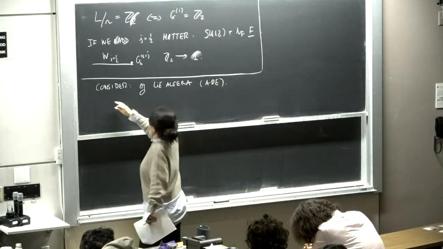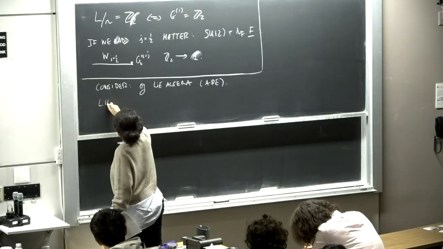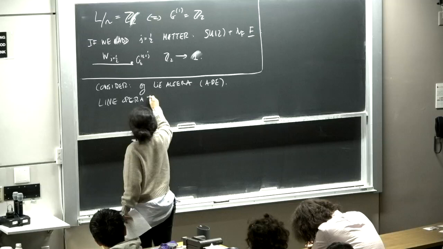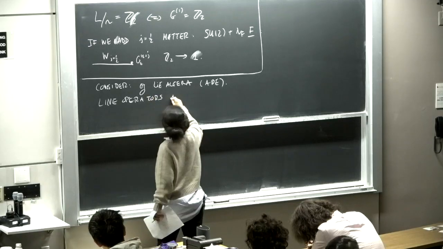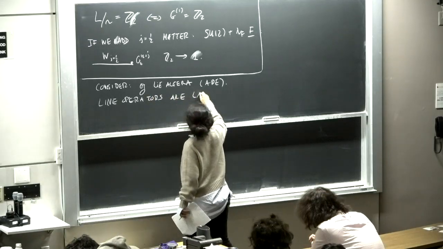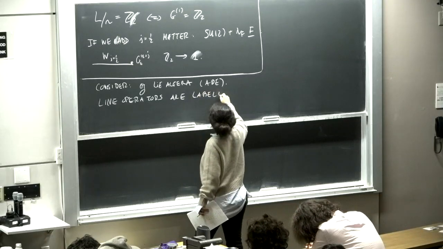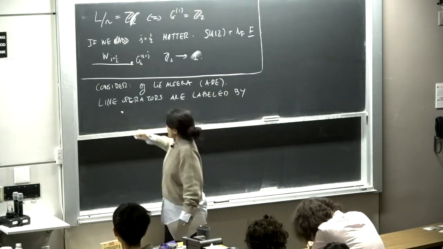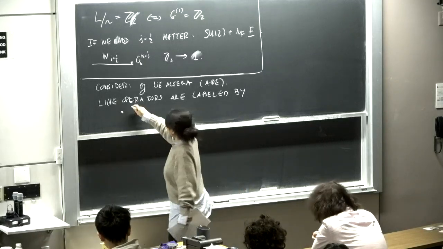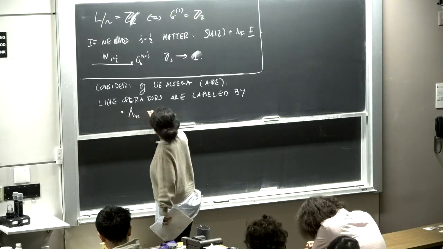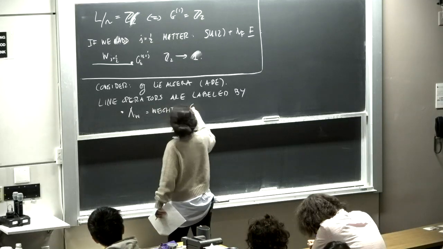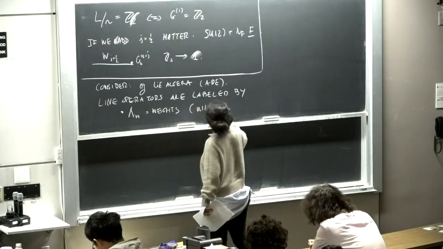Then, in fact, we can have line operators that are either Wilson lines, so they are labeled by weights, and these are the Wilson lines.